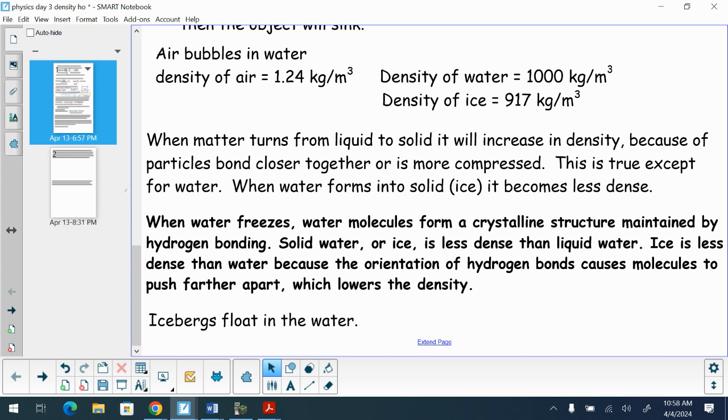Ice is still ice, it is frozen water. You still have H2O there. It's just frozen H2O. You have hydrogen bonds, no matter if you're talking about ice or water.